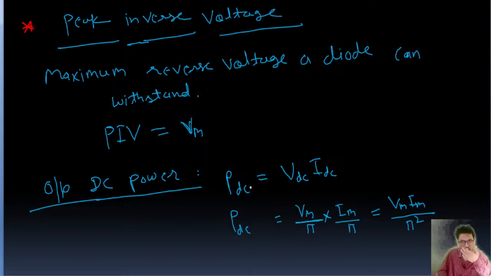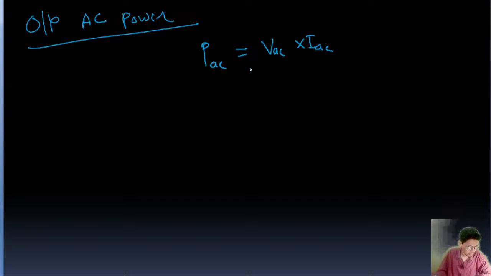Okay. Now output AC power, alternating current power. This was the output DC power, Vm Im upon pi square. So the output AC power, PAC equal to VAC into IAC, right?